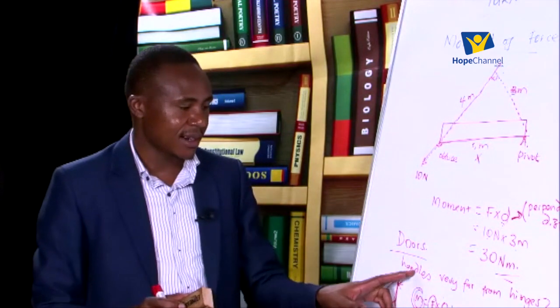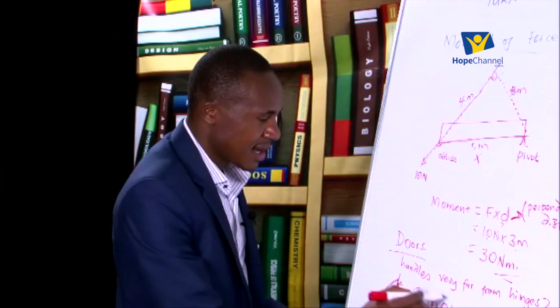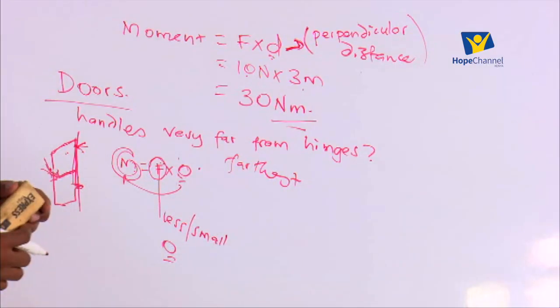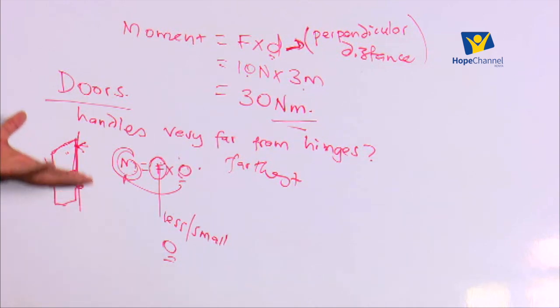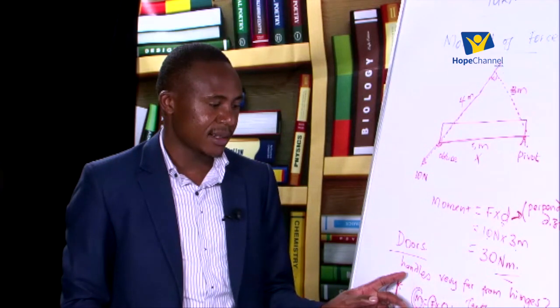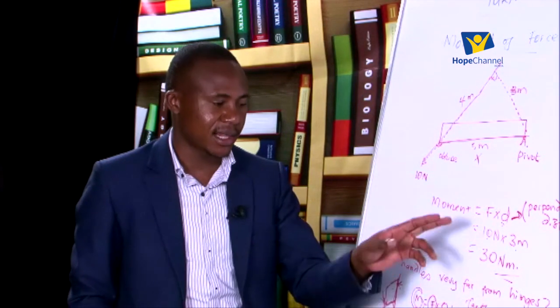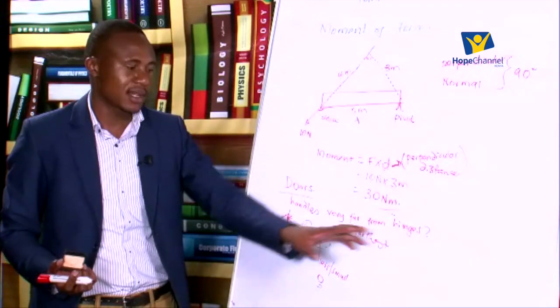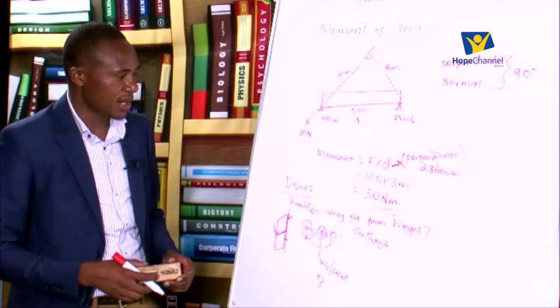Usually the handles are the farthest ends from the hinges, simply to increase the moment of force, meaning that you can use a relatively smaller force to open the doors. If the handles are very close to the hinges or at the same position with the hinges, then it may not be possible to open the doors. That is just an application part of it.